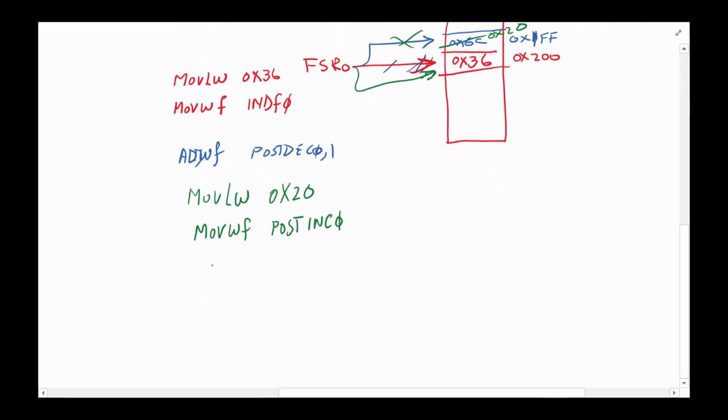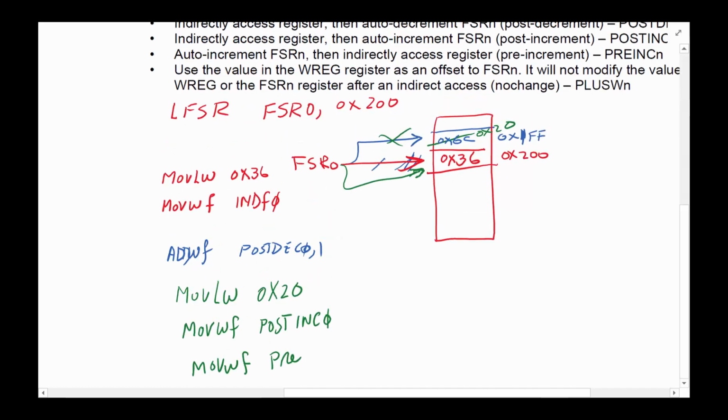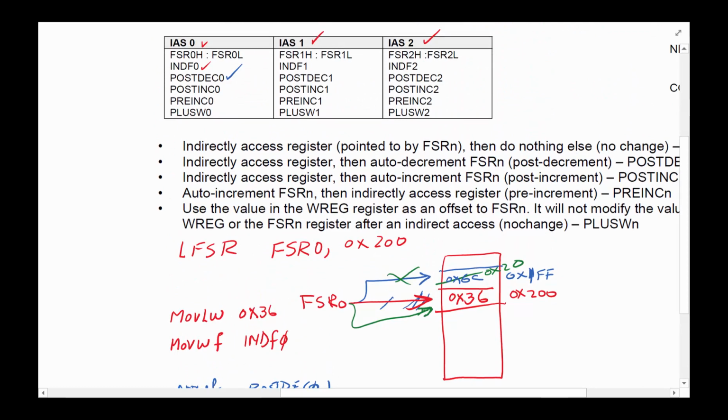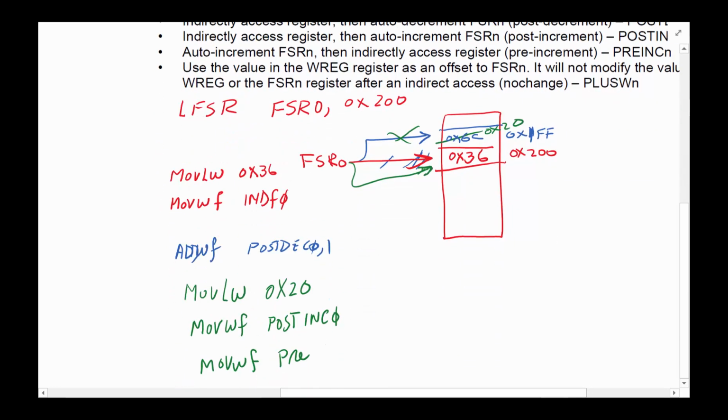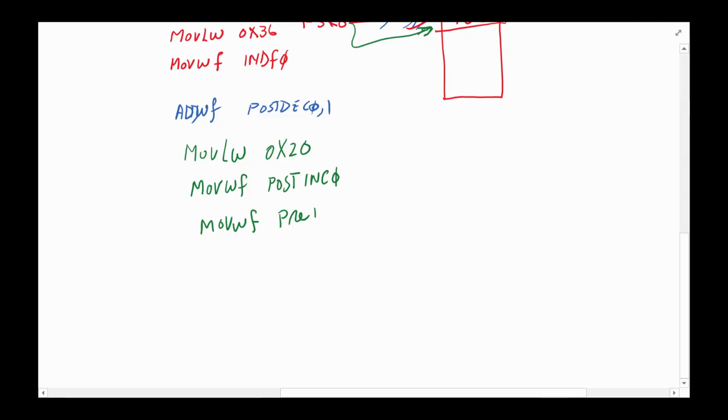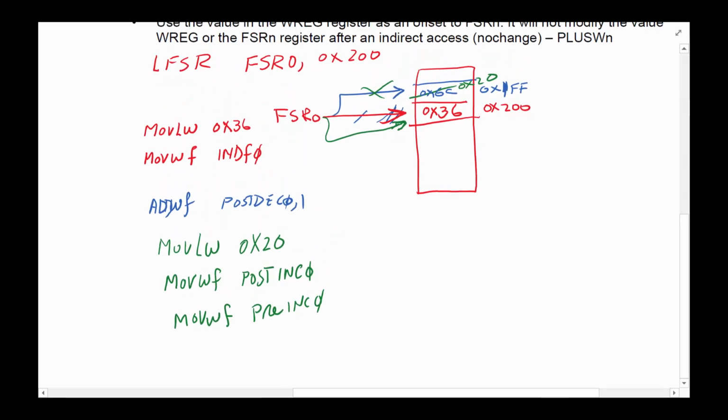But notice it's happening after it. Now, let's do one more. So now we've got 20 in here, we've got 36 in here. If you do another MOVWF, but this time you do a pre-increment, the only difference between post-increment and pre-increment is that it's going to move whatever is in the W register here first.